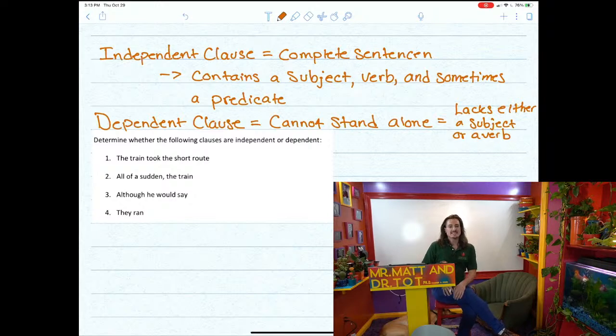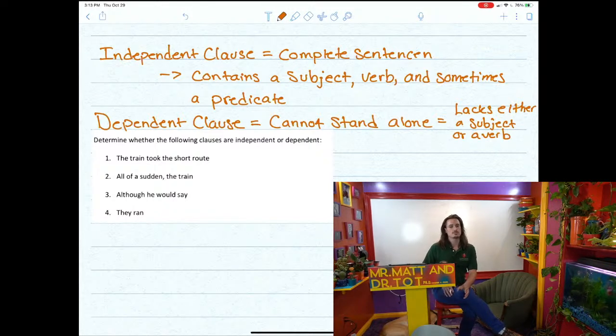Now, one quick and easy way, and this is not a grammatical test at all, but it is in many instances a really easy way of telling a complete sentence or an independent clause from a dependent clause. If somebody were to come up to you and just randomly say the statement in question, and you feel that it expresses the complete thought that was intended to be conveyed, that's a pretty clear indication that it usually is an independent clause.